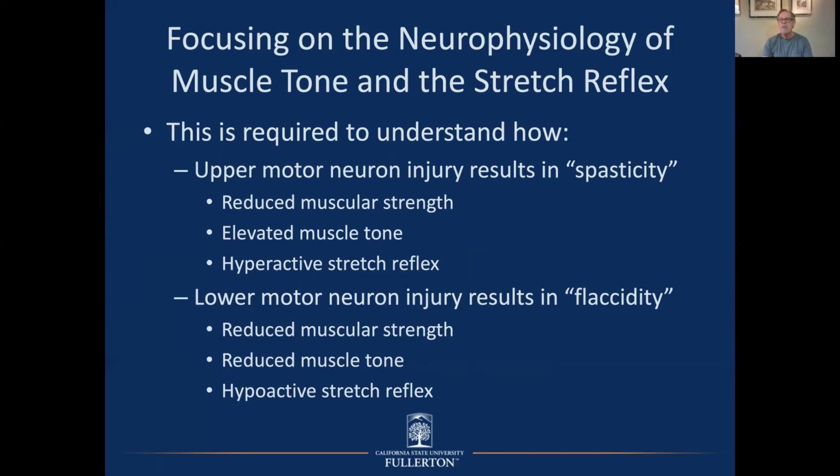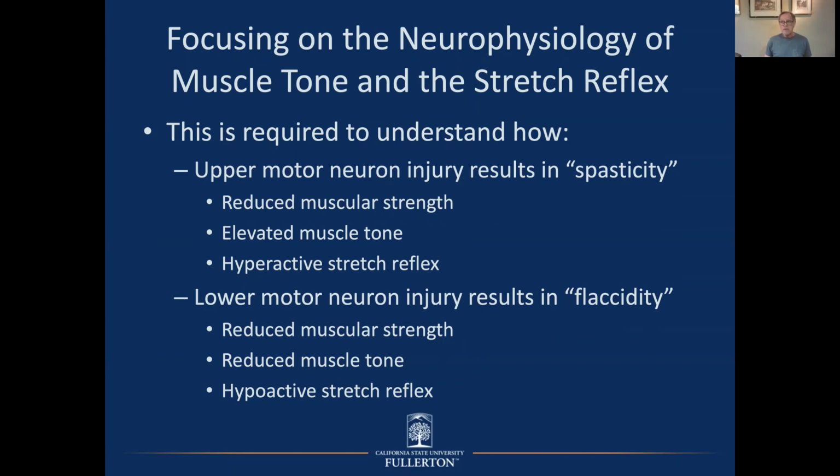If somebody has spasticity, an upper motor neuron disease or injury, they give a great big kick. They have a hyperactive stretch reflex. And I'll give you more details on that, but just to introduce you to the idea of what a hyperactive stretch reflex would be. Lower motor neuron injury results in flaccidity.